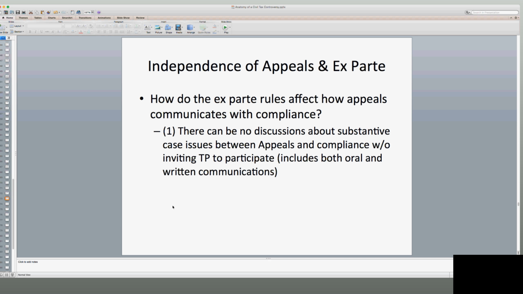If you haven't been invited in to participate, how do you know what was discussed in that call? Maybe the examiner in those 30 seconds told the appeals officer that the taxpayer is full of crap and the attorney is a fraud.